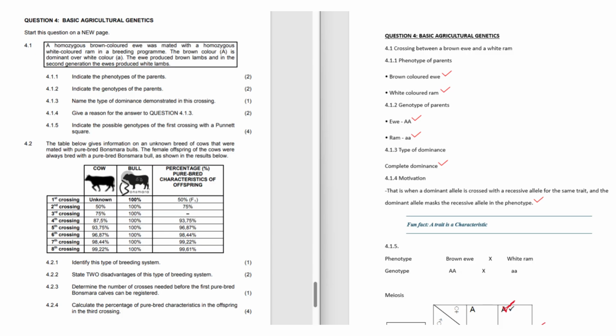You can say that when a dominant allele is crossed with a recessive allele for the same trait, a trait is a characteristic, the dominant allele masks the recessive allele in the phenotype. That means the recessive allele cannot be visible because the dominant allele says, I'm the man here, I deserve to be visible. So you can see complete dominance.